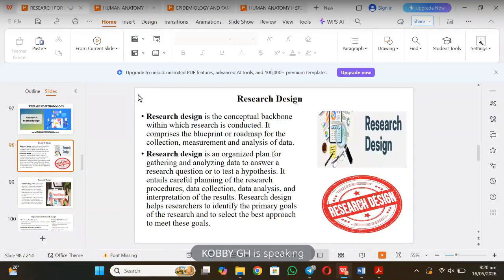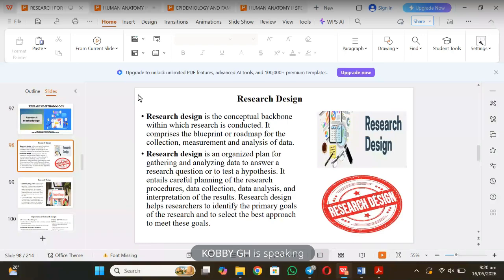So we have three common designs. We have descriptive cross-sectional design. In some books, they will just write cross-sectional design. Descriptive cross-sectional design, retrospective study design, and then prospective design. Now, let's start with the descriptive cross-sectional design.